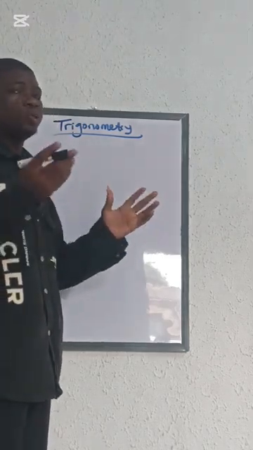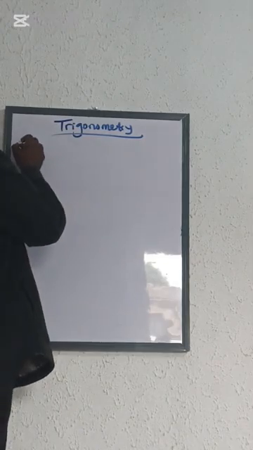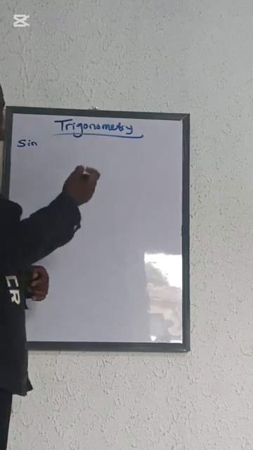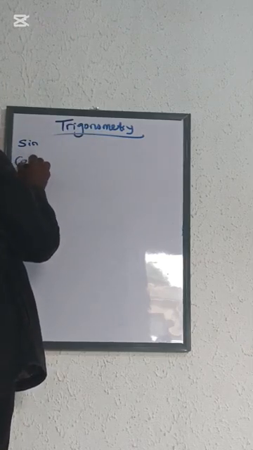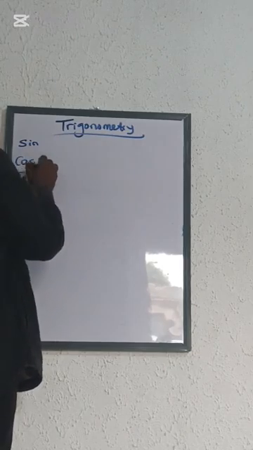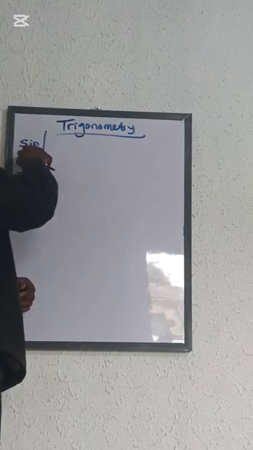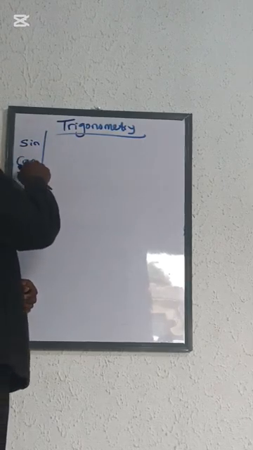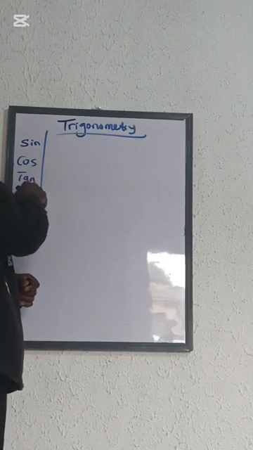So I'll show you how to derive these special angles, and we have the main three ratios: sine, cos, tan. We also have cosecant, which is the inverse of sine, secant, which is the inverse of cos, and cotangent, which is the inverse of tangent.